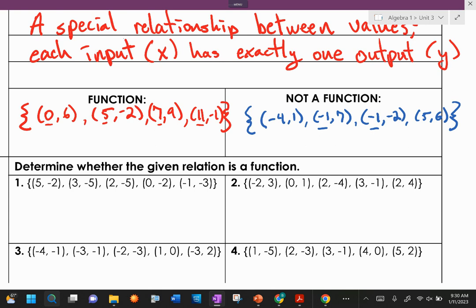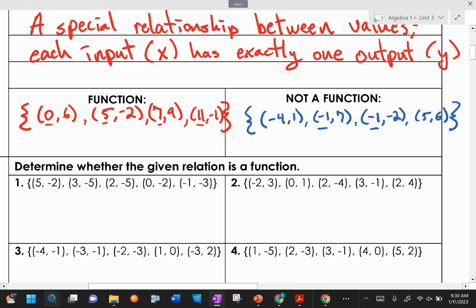What for sure tells us that it's not a function is these right here. They would either both need to be 7 or both need to be -2. But you can't have the same x and then 2 different y values. That makes it not a function. Does that make sense?